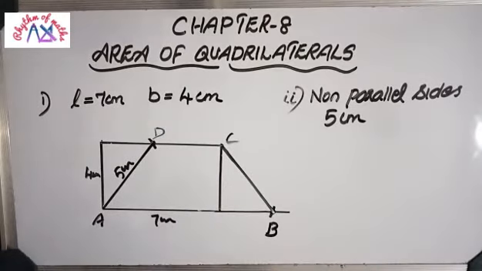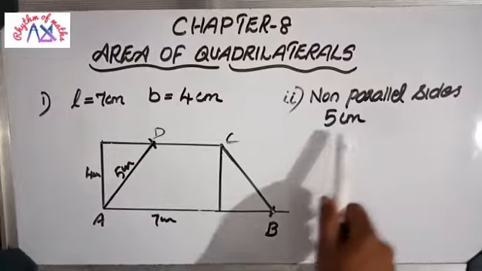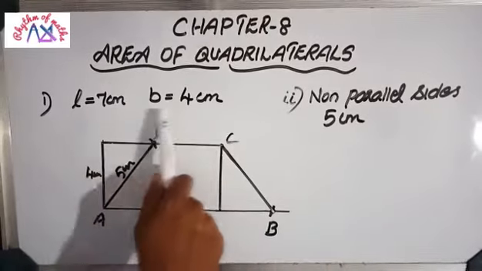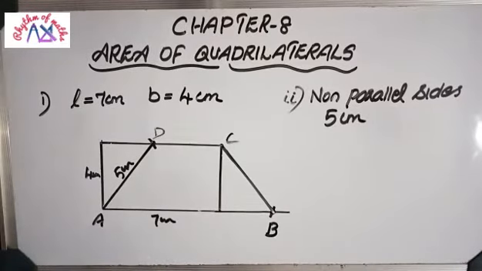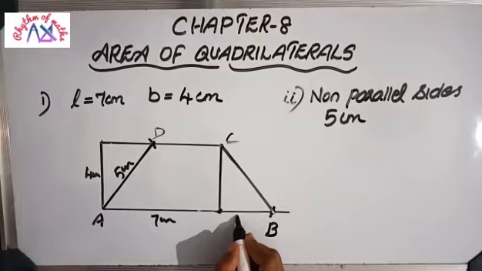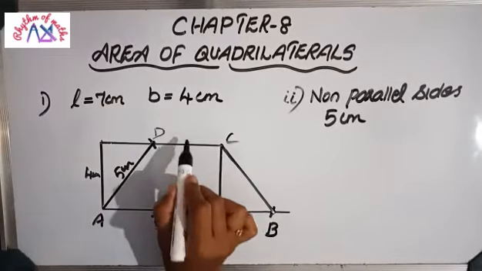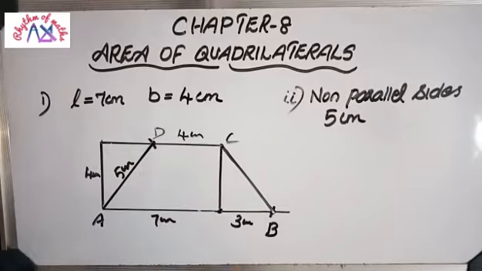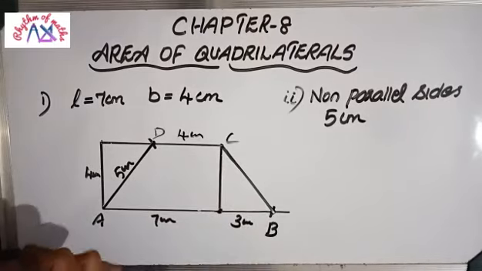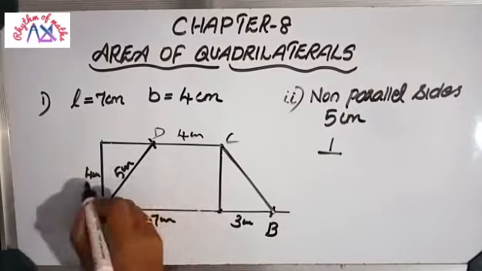So this is the trapezium with the non-parallel sides 5 centimeter and area is the same 28 centimeter square, because when you check this figure you can see that from this point to this point it will be 3 centimeter. When you check it will be clear, and from D to C it will be 4 centimeter. After drawing this just check the measurement. So base is what? A to B total 10 centimeter and upper part is 4 centimeter. Height is the same 4.